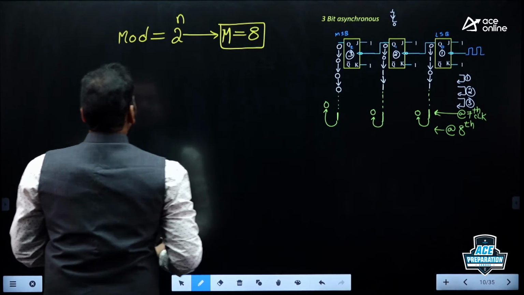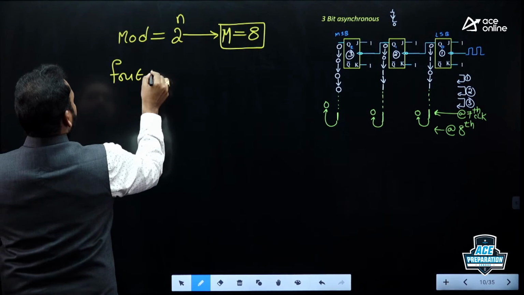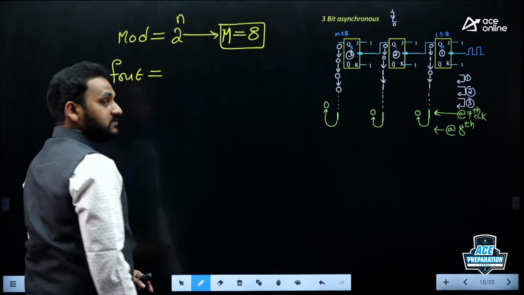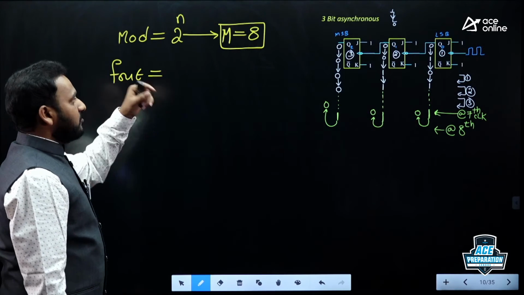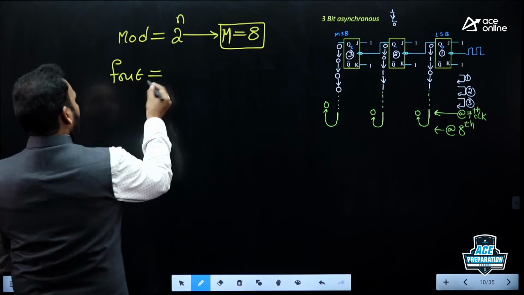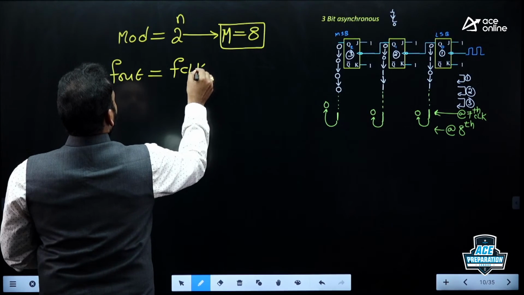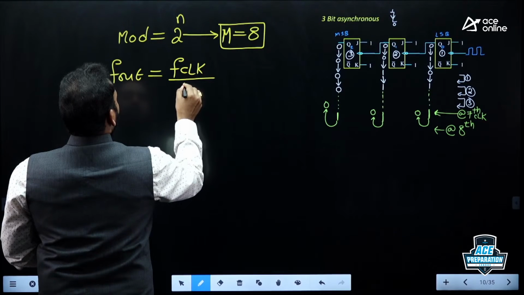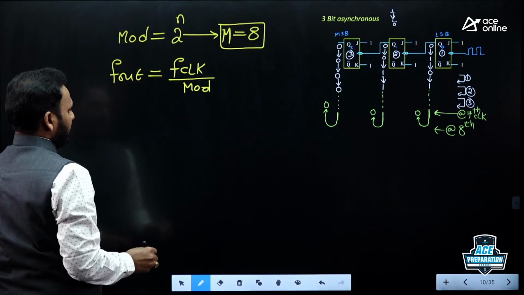In any n-bit asynchronous counter, remember, output frequency is equal to, of course this formula is valid for asynchronous and synchronous also, but I am talking about asynchronous, I don't touch the synchronous case, input or clock frequency divided by modulus number. You remember this point. This is very important.